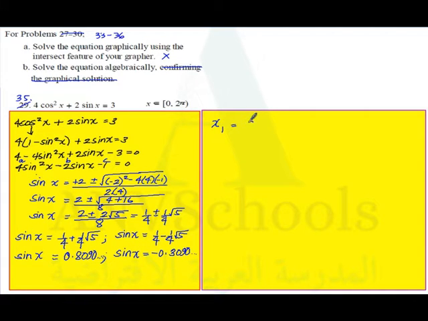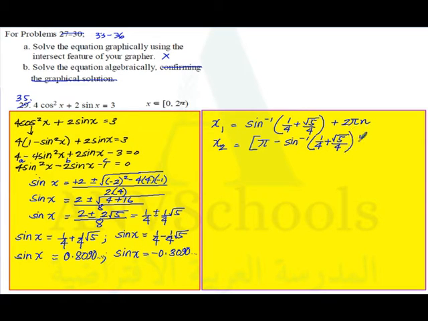So x1 is sine negative 1, or the arcsine of 1/4 plus square root of 5 over 4, plus 2 pi n, and x2 would be equal to pi minus arcsine of this value plus 2 pi n. Okay?